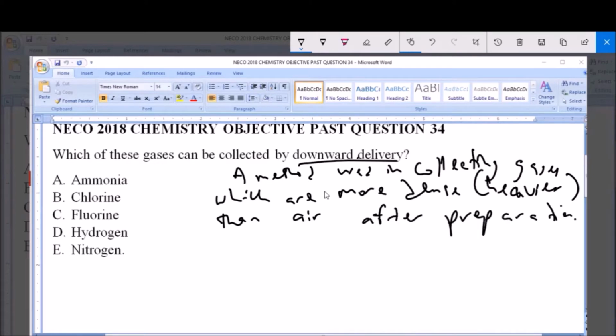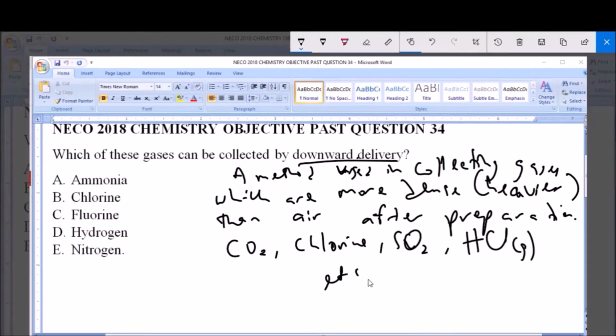So gases that are more dense than air are collected by this method known as downward delivery. Examples include carbon dioxide, chlorine, sulfur dioxide, hydrogen chloride gas, etc. So all these gases are more dense than air.